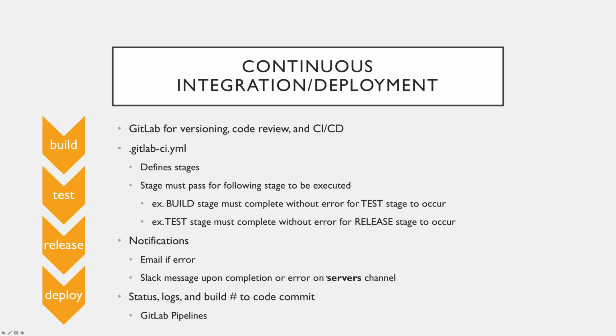The server's channel was removed since we're not actually running any servers in particular. So you'll see notifications about deployments, if the production environment changes, if the staging or testing environment changes, if something gets committed, if some build starts, if some build fails, if some build completes. You'll see all of that inside of the notifications channel on Slack under our organization.